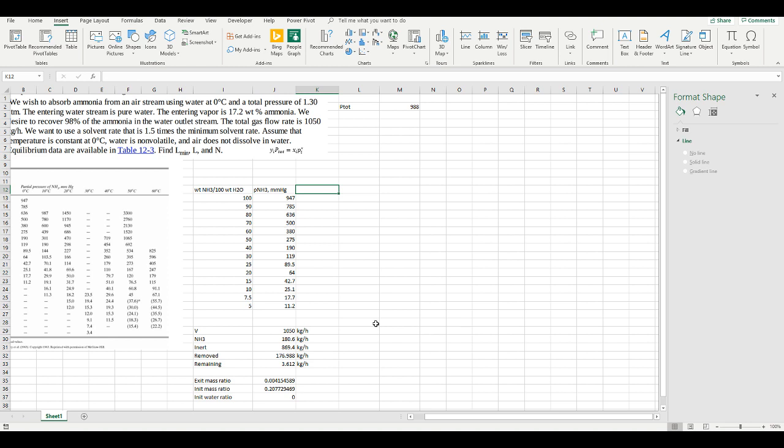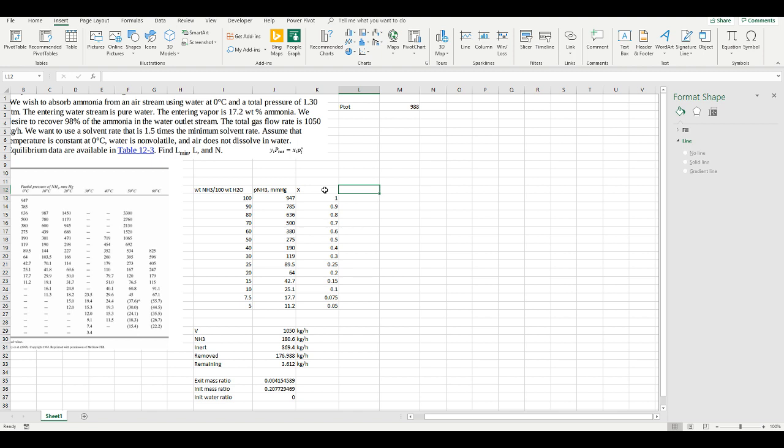We just need to divide by 100 to get the useful value. So we're going to take this and divide by 100, and do that for the entire range. And this is our liquid mass ratio, which is denoted by the capital X.